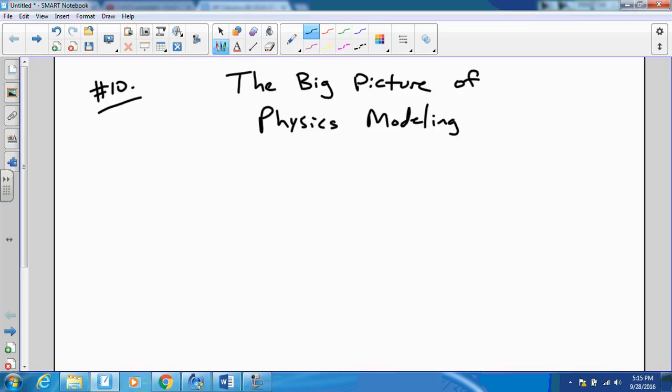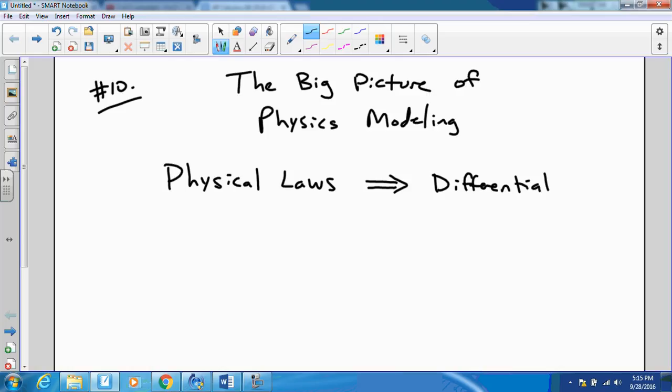The big picture is that we're going to have physical laws that are going to give us usually not information about what we're interested in, but information about its derivatives. And so those physical laws are going to give us some kind of differential equation, or DEQ for short.